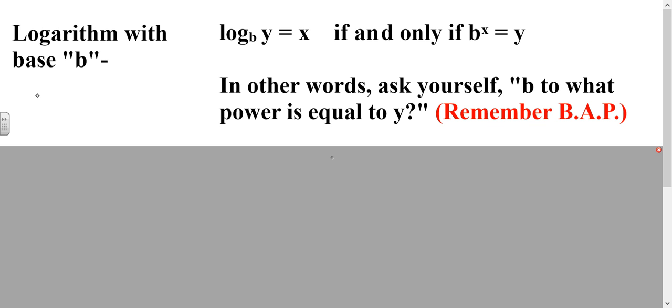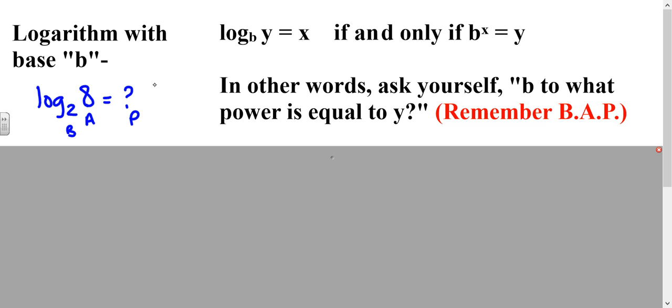So if I had log base 2 of 8, and I'm trying to figure out what that equals, there's something that I use called BAP, B-A-P, to help me remember how to evaluate logarithms. I label it like this, and BAP stands for base, answer, power.